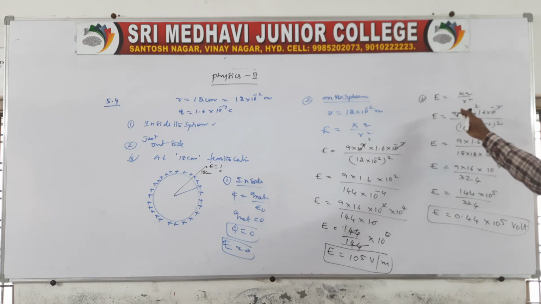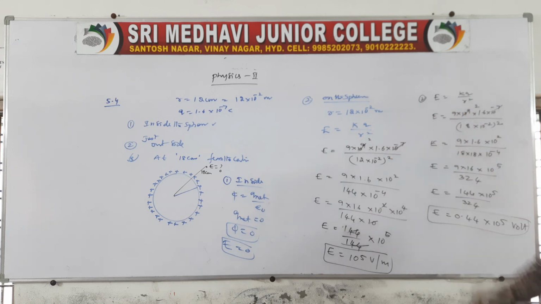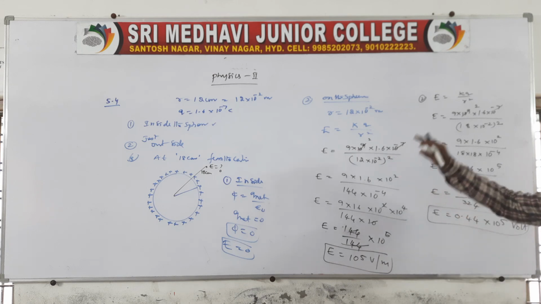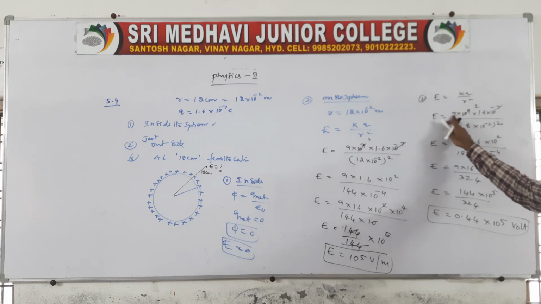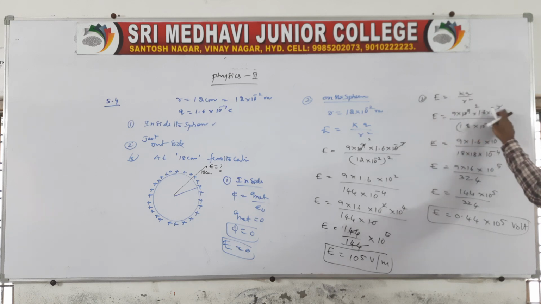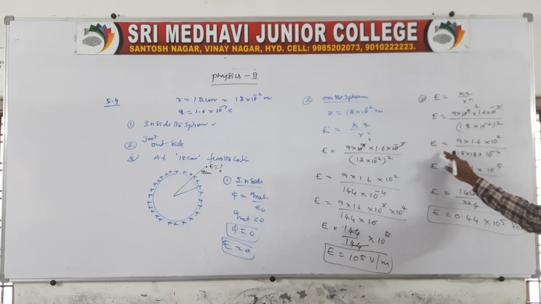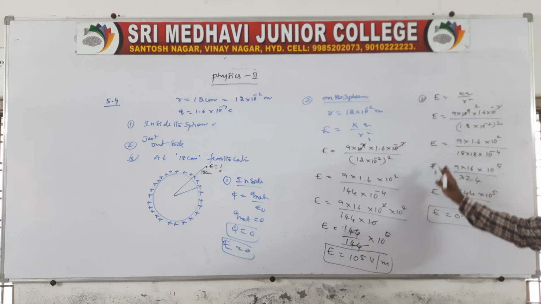And the third case is asking at a distance of 18 centimeter from the center. E is equal to KQ by R square, again the same formula. K value we know 9 into 10 power 9, Q value we know 1.6 into 10 power minus 7, 18 into 10 power minus 2 whole square. So again you do the calculation, and therefore we'll get the answer like this.